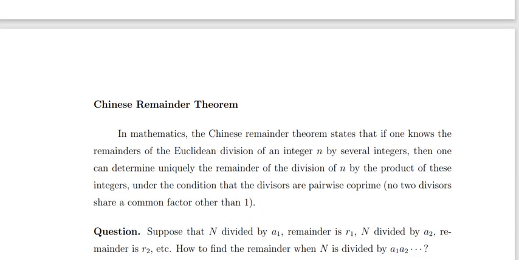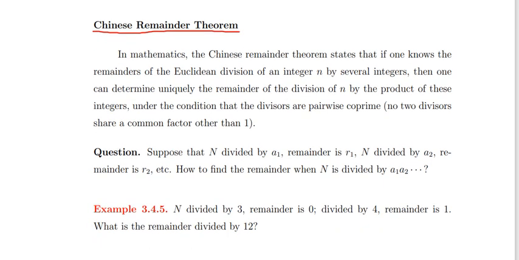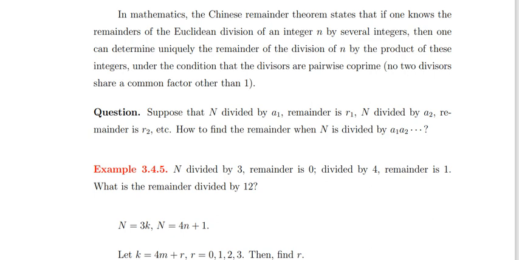So actually, these things are related to a theorem called the Chinese remainder theorem. The Chinese remainder theorem asks this question: we have some number n. We know this number divided by a1, remainder is r1. This number divided by a2, remainder r2, like that.